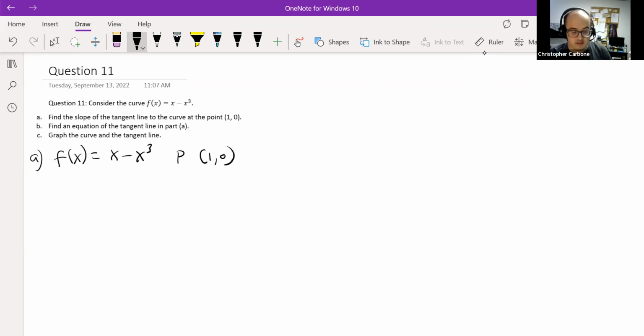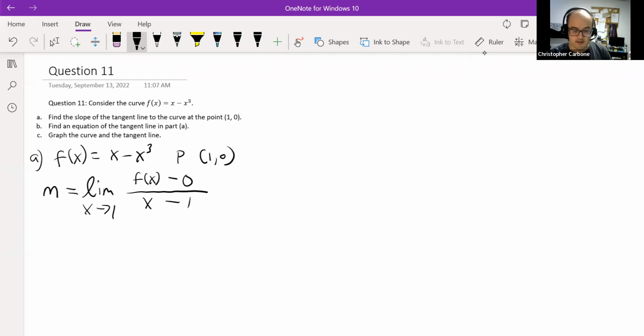So that means our slope of this line is going to be the limit as x approaches 1 of our function f of x minus the y value from our point P, 0, divided by whatever x is, minus the x value from P, which is 1.